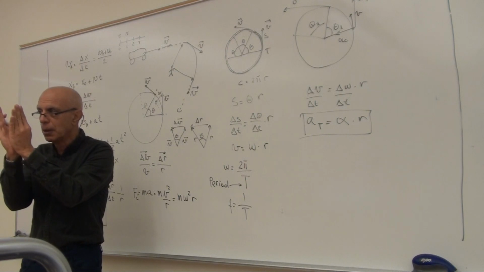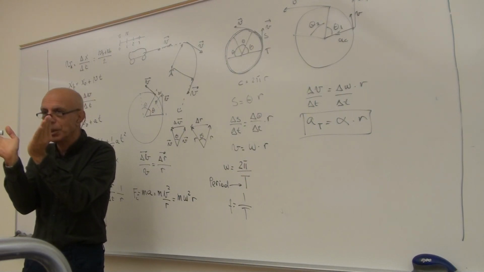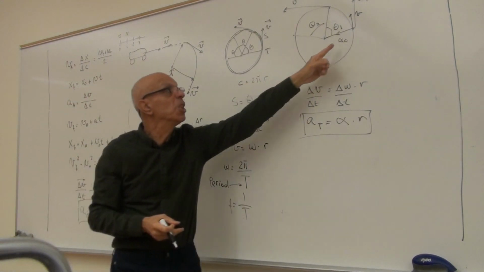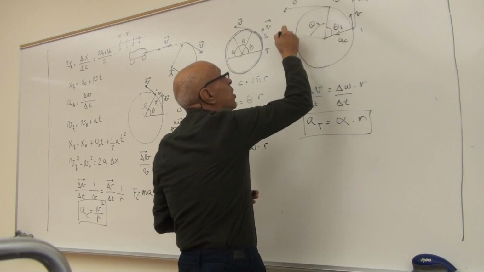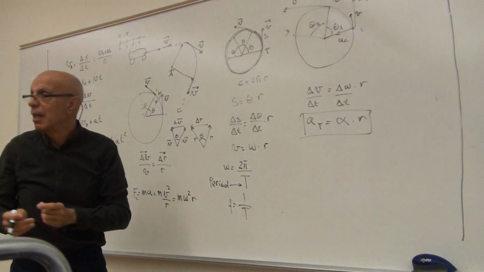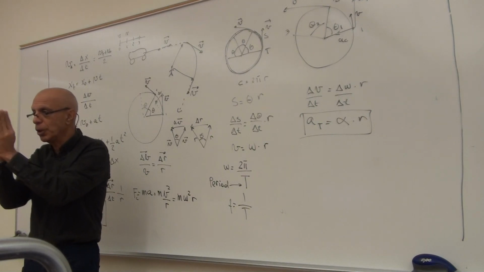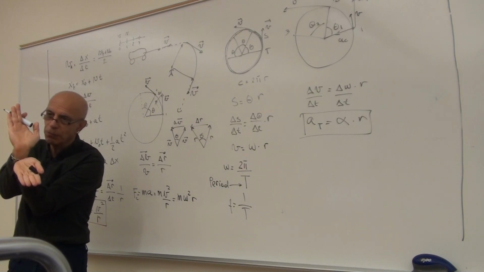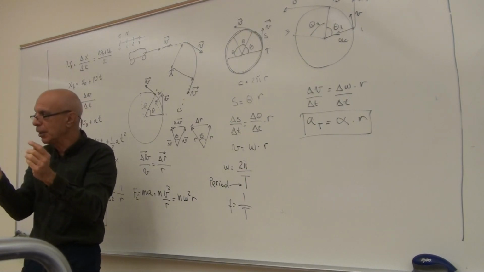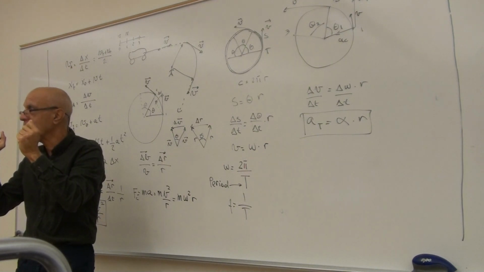First second, second second, third second, you see the angle is changing from position 1 to position 2, from position 2 to position 3, from position 3 to position 4. So that angle is changing. Every second I take a picture.